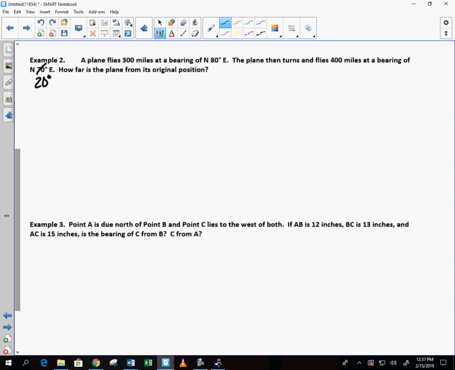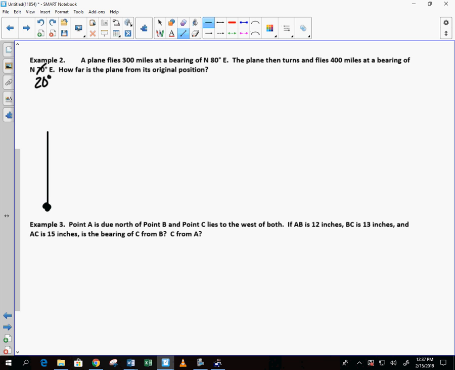All right, so what we have is a plane flies 300 miles at a bearing of north 80 degrees east. The plane then turns and it flies 400 miles at a bearing of north 20 degrees east. How far is the plane from its original position? That sounds like a tough problem, doesn't it? Fortunately, we are extremely intelligent people, and we can solve it.